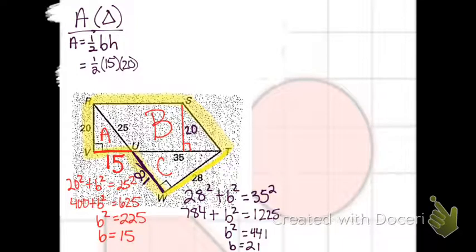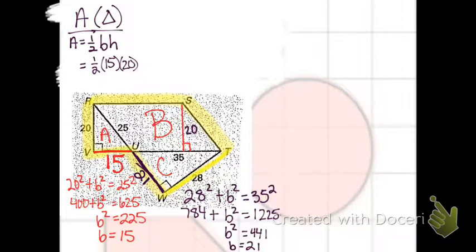Okay, now you can do this in any order you want. You could take 1/2 times 15 and get 7.5, then multiply it by 20. You could take 15 times 20 and then use half of that. Whichever way you want to do it is fine. You could even take half of 20 and then multiply it by 15.